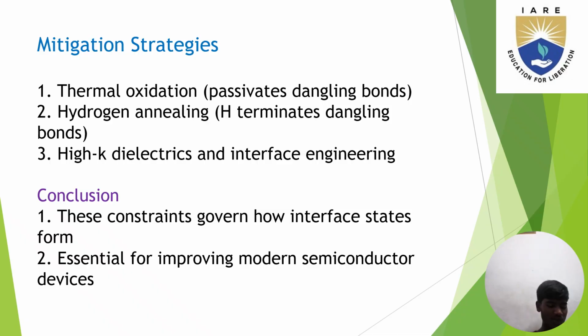It can be positively charged, neutral with one electron, or negatively charged with two electrons, corresponding to donor and acceptor energy levels within the band gap. Structural defects: in addition to dangling bonds, the interface can produce other defects, including vacancies, missing silicon atoms in the near-interface region.